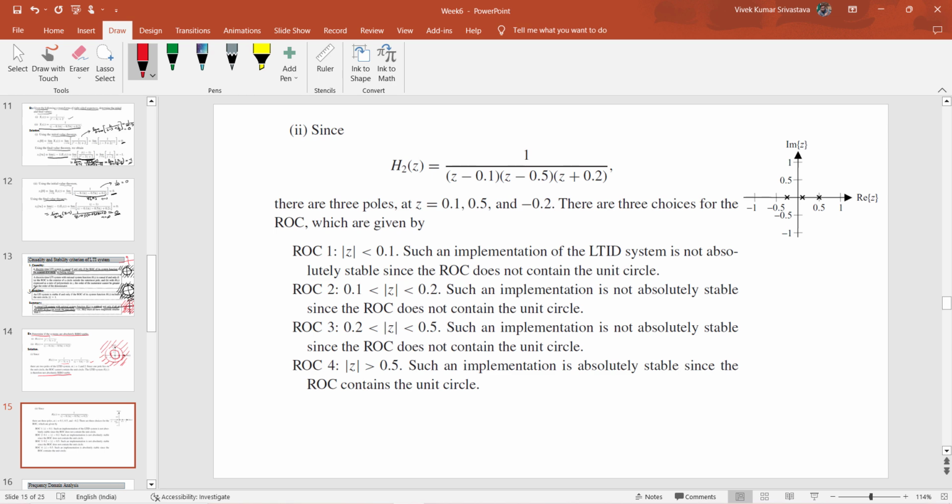Here is the next problem. Here also we have to check whether this system is BIBO stable or not.